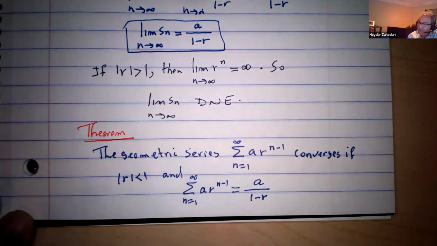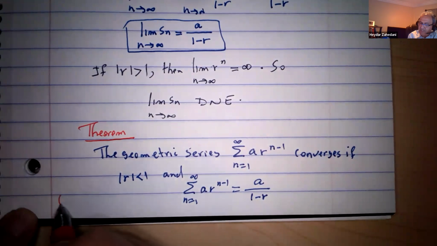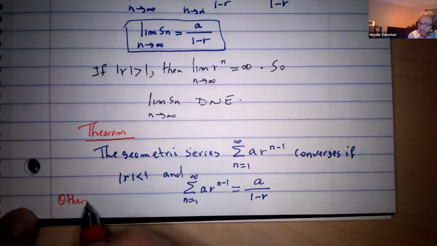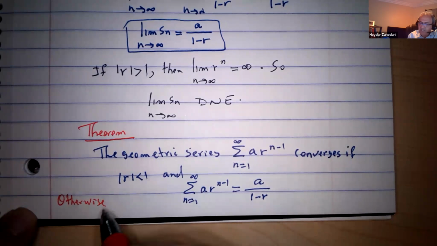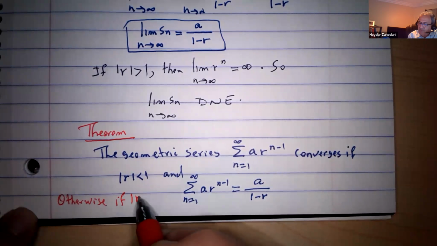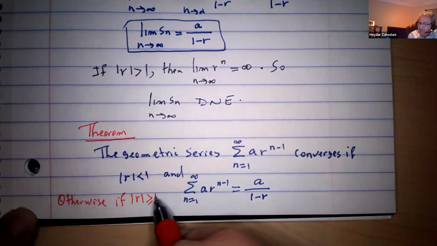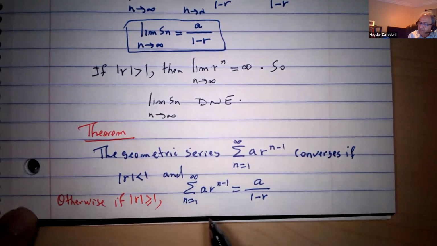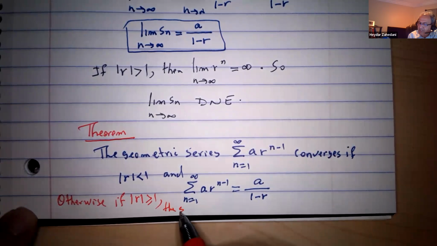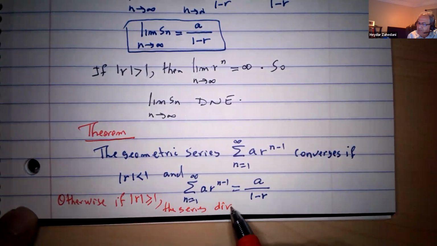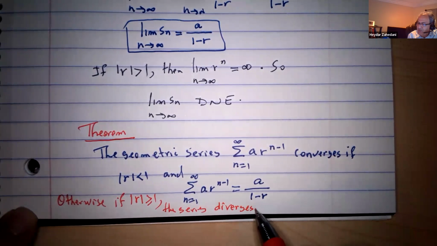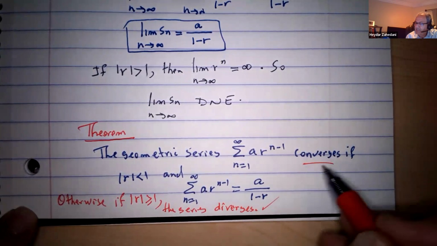Otherwise means if the absolute value of r is greater than or equal to 1, the series diverges. Diverges means you cannot find the sum for the series.